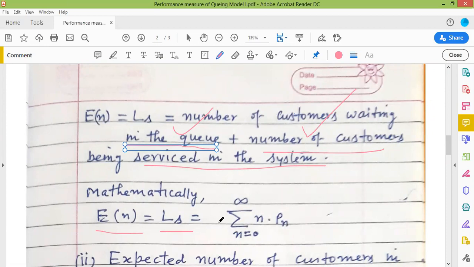Rather, if you have any objection, since 0 means empty, we can put 1 here. So n is ranging from 1 to infinity.